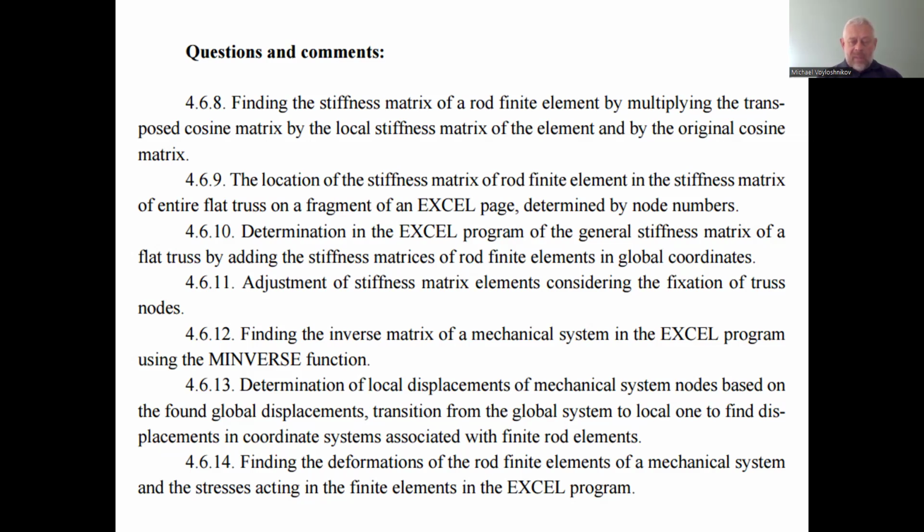This is the product of the deformation of the finite element by the modulus of elasticity of the finite element. We will have the stresses acting in the transverse section of the finite element. After that, we can find the forces acting in the finite element, stretching or compressing forces, by the product of the stresses by the transverse section area of the finite element.